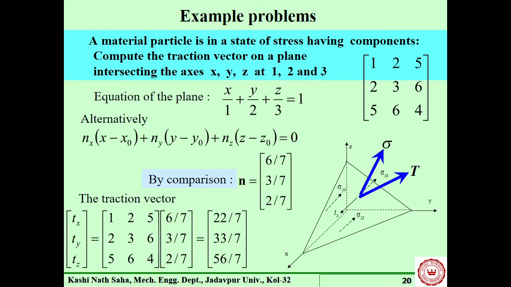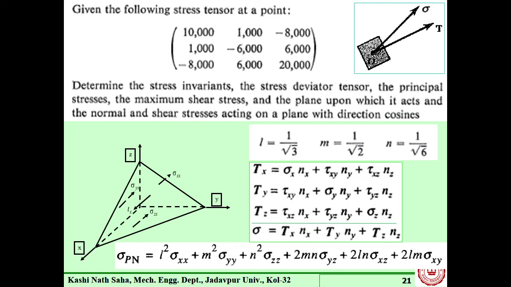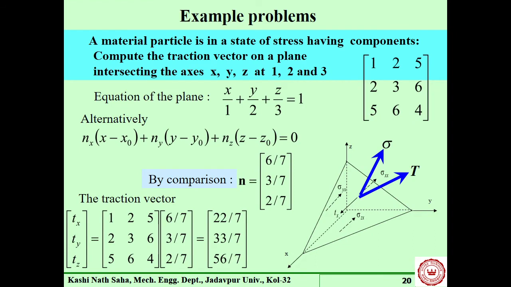And then there are two more quantities which are of interest to us. Those two quantities are called sigma and tau. Actually, they are sigma and tau for this particular plane, right?